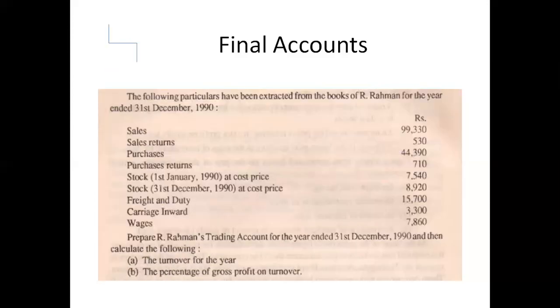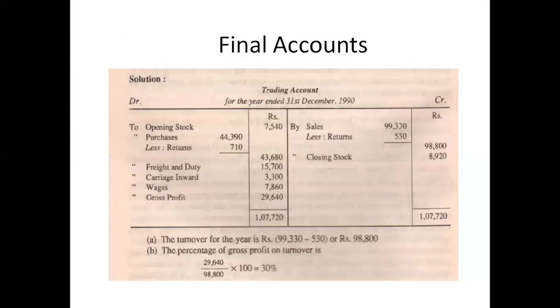Here one thing I want to mention: freight and duty in the previous slide was shown in the net profit section, but if freight and duty is inseparable, like customs duty, that is inseparable to bringing the raw materials to that particular factory and is directly related to the production, we will include that in freight and duty along with carriage inwards in the gross profit section and not in the net profit section. If that is a secondary material, then we can include it in the net profit section and not in the gross profit section.